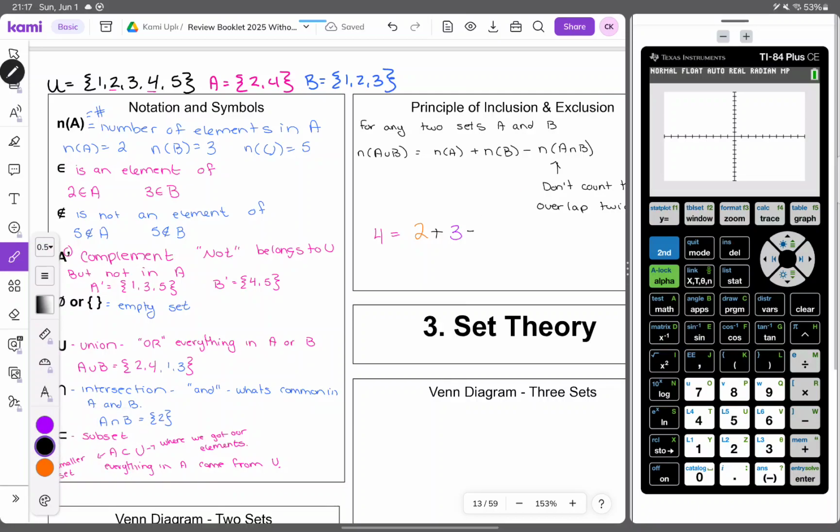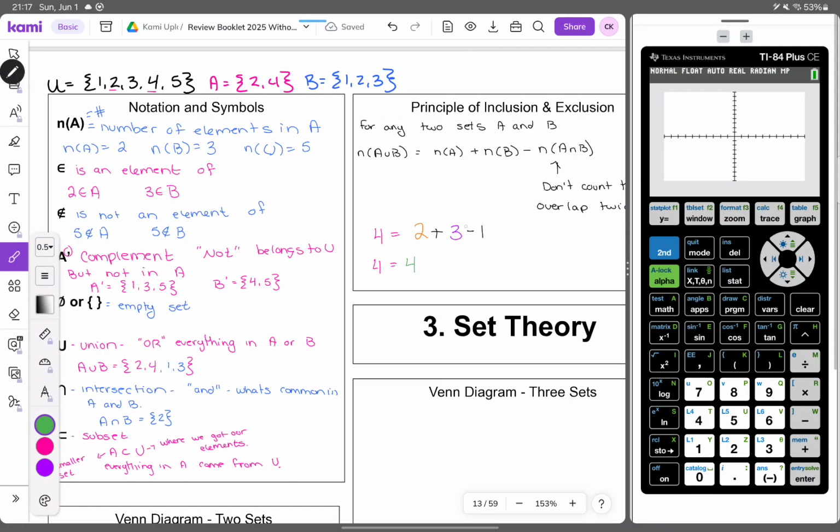And we have to subtract out the number of elements in A and B, which is down here, that is 1.